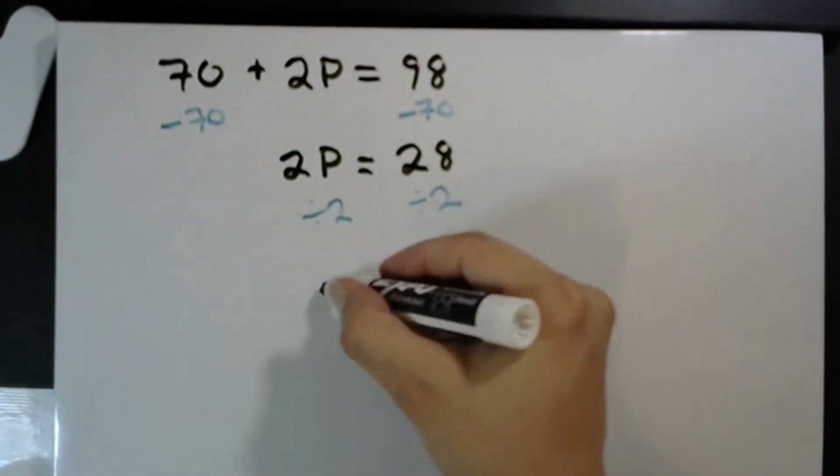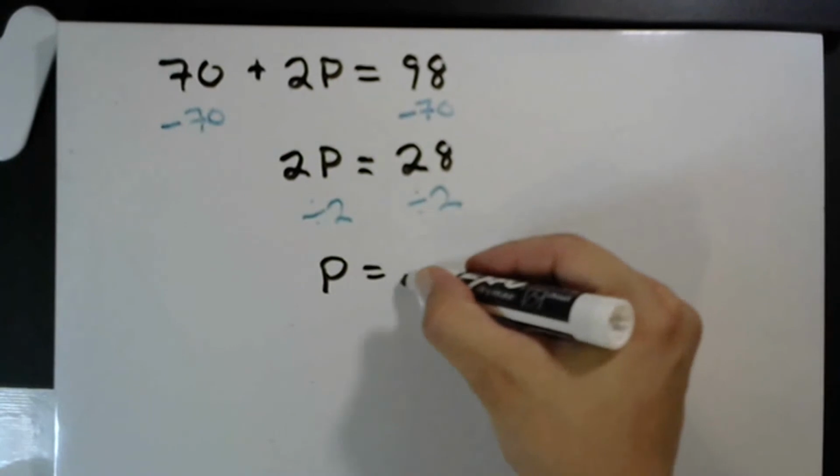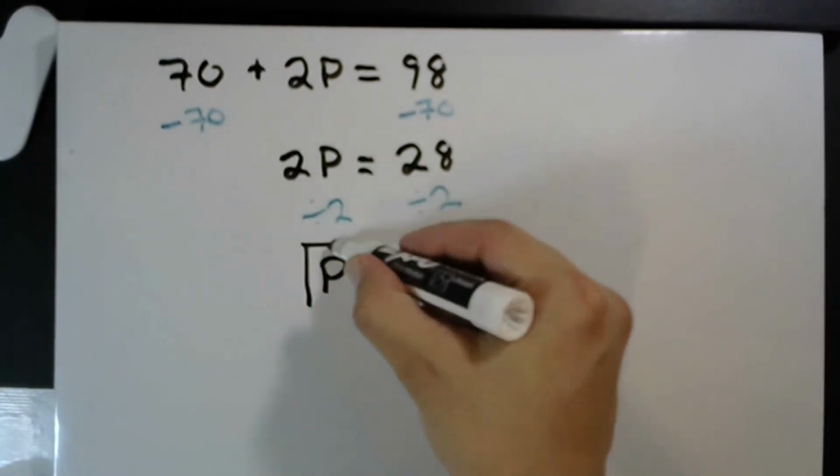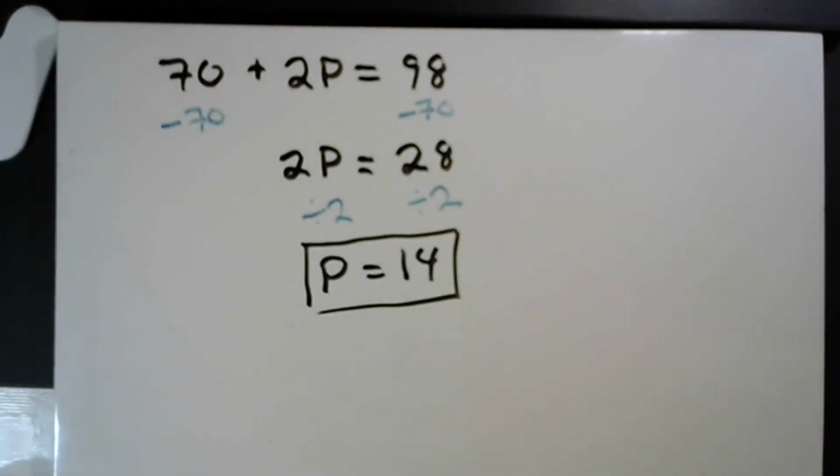We get p equals 14. And so that's the number of pigs.